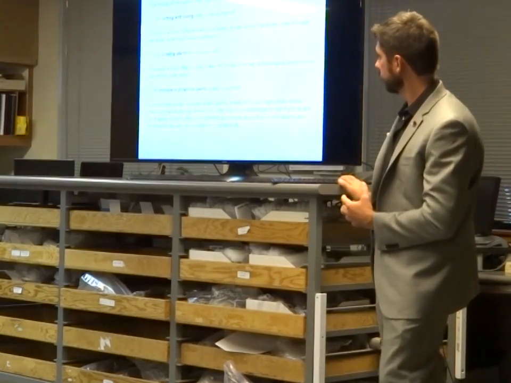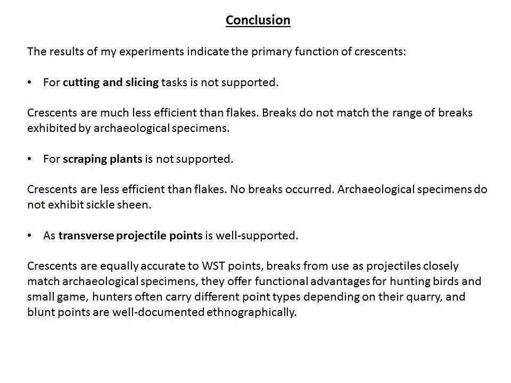In conclusion, the results of my experiments indicate the primary function of crescents for cutting and slicing is not supported. Crescents were much less efficient than flakes, and the breaks do not match the range of breaks exhibited by archaeological specimens. The function of crescents for scraping plants is not supported.